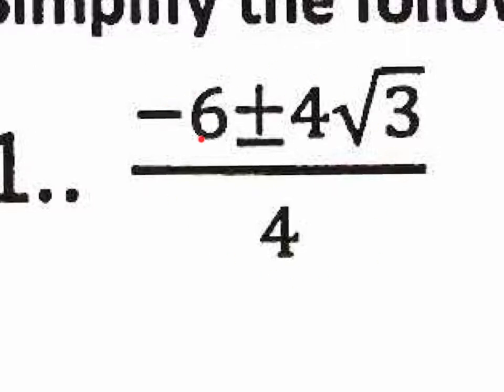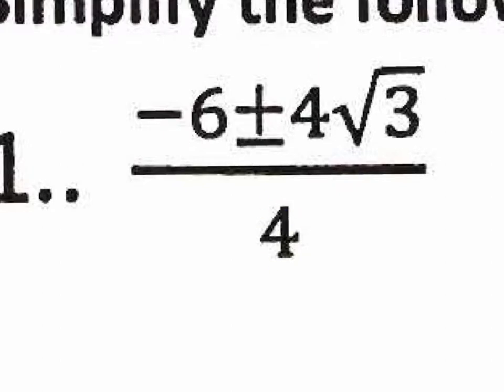You see, the idea is this. There's really two terms up on top, the negative 6 and the 4 square root of 3. And the square root of 3 is kind of like a variable, right? So if you have an even number, and another even number, you could reduce all three of them.